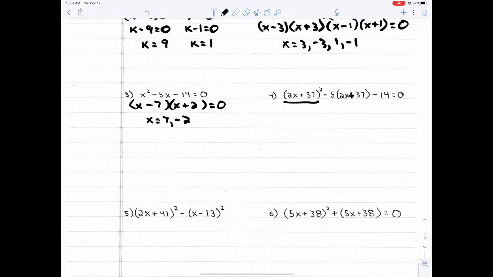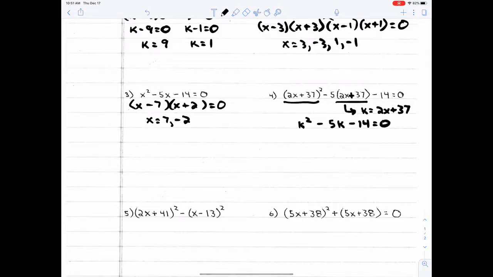This thing is the square of that. So we're going to take the one that's not the square and set it equal to k. So we call that 2x plus 37. Okay, now what does that make this? That makes this thing, that thing squared, minus 5 times that thing, minus 14 equals 0.